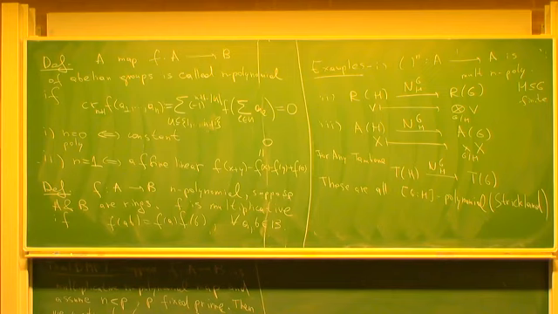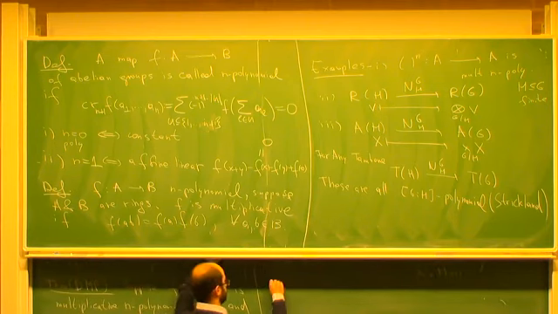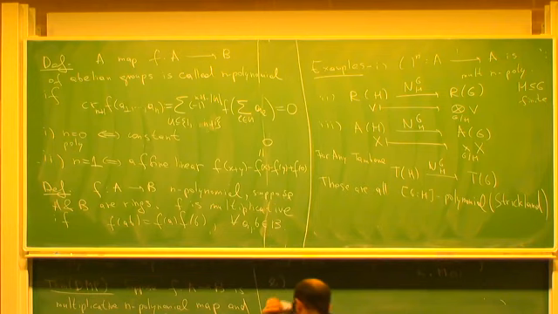In each factor, this is a stupid notation, just take f in every factor. So this diagram commutes. That's the first condition.